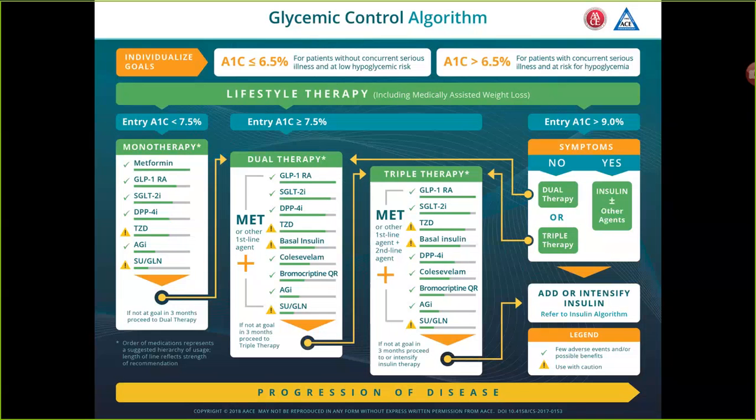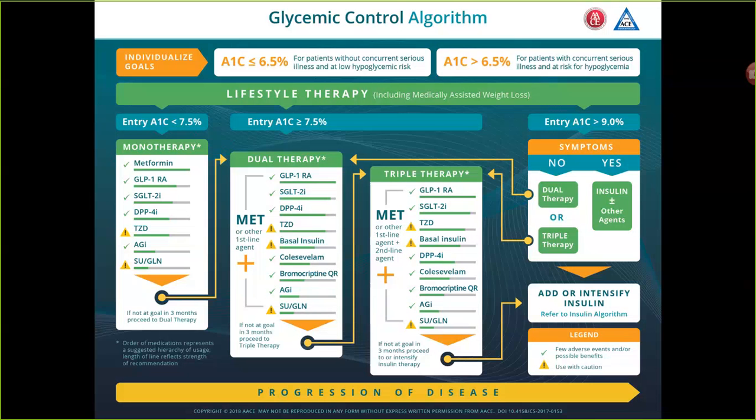And it states at the bottom, which is important, that if these patients are not at goal in 3 months on monotherapy, then at that 3-month point, they should be on dual therapy. So another medication should be added to help them get to goal.